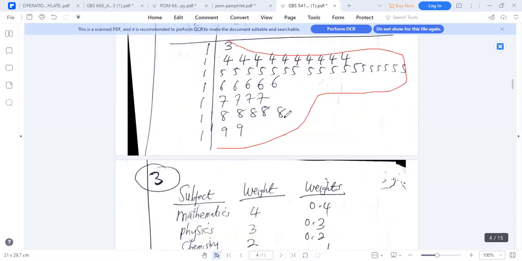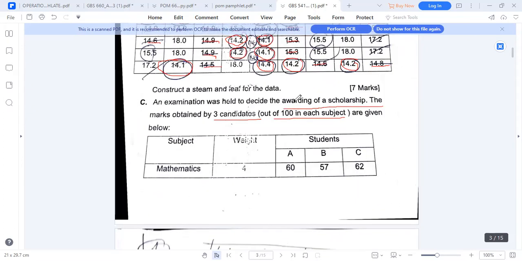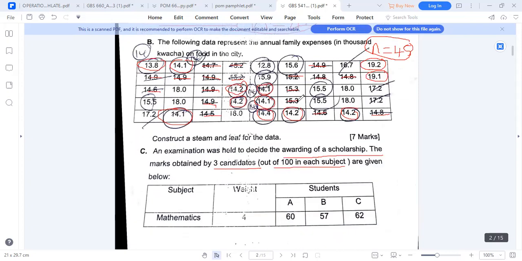What happens here is that you need to find the weight. When you have scored an A, it simply means the weight is 4. So mathematically, when you get an A, the weight here is 4.